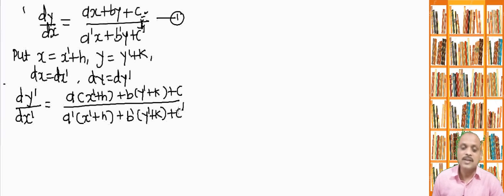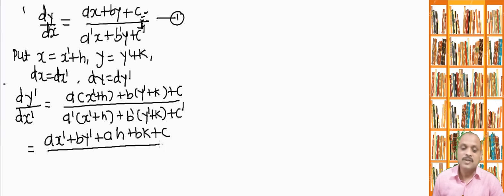Now let us solve this. This is equal to ax dash plus by dash plus ah plus bk plus c constant terms, divided by a dash x dash plus b dash y dash plus a dash h plus b dash k plus c dash.